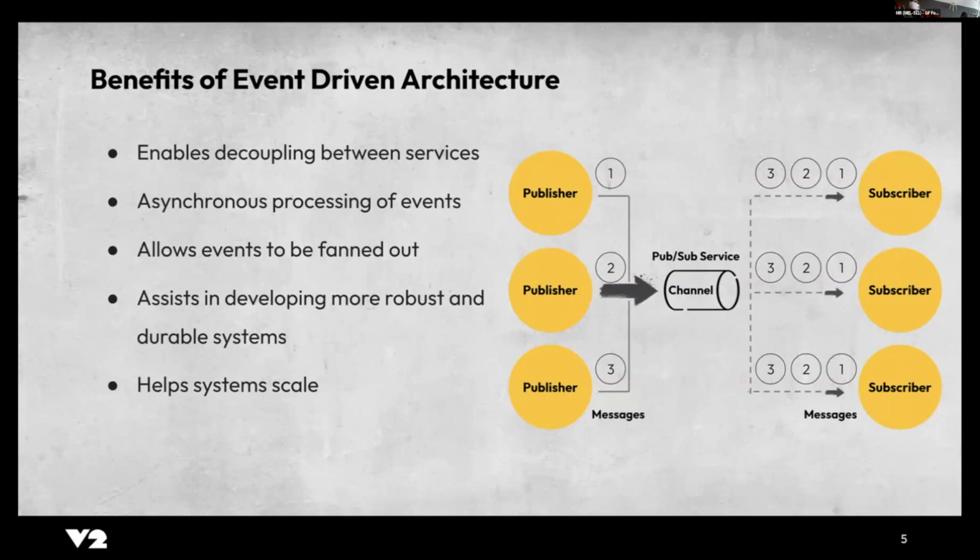It also allows events to be fanned out without needing to care about the order of things. You can just put it out there and consumers take it up as they like. It assists in developing more robust and durable systems by allowing event replays and dead letter queues, and ultimately instant scale.